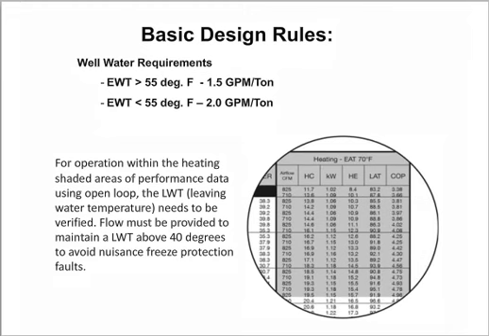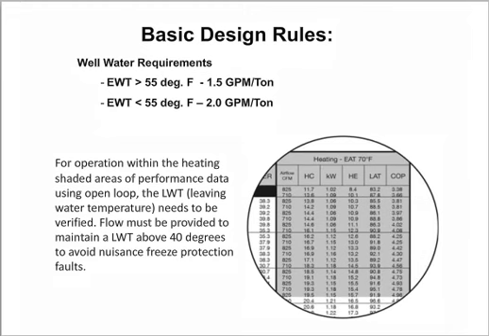Now, if you look in the highlighted area to the right in the circle, it's part of our ClimateMaster performance specifications, but most manufacturers have very similar methods of displaying their performance. And you'll notice that ours is grayed out.